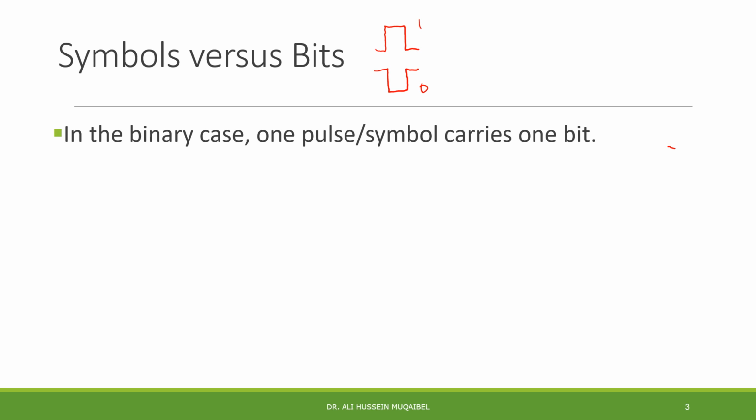What if we can send 4 possible levels? What if we have 4 different symbols? We have 1, 2, or on the negative side, so we have 4 different possibilities. Then we have 4 symbols, and we can assign 2 bits at a time. So binary systems have only 2 possibilities, 2 symbols, and in that case, a symbol equals 1 bit. We're saying here, 1 pulse, or 1 symbol, carries 1 bit.